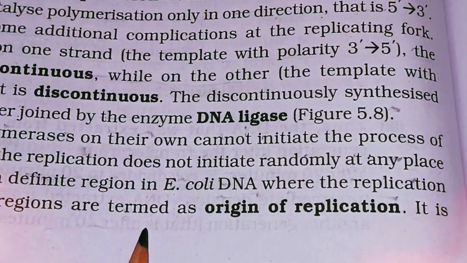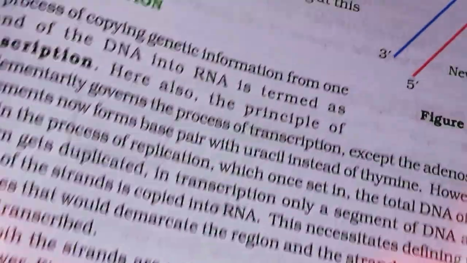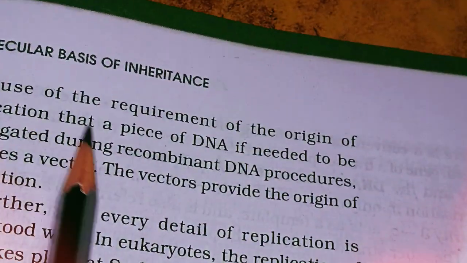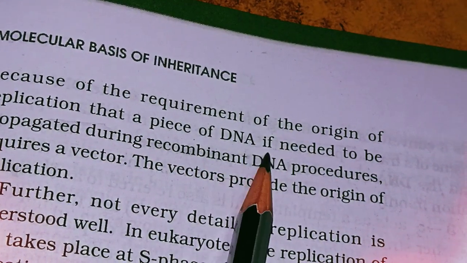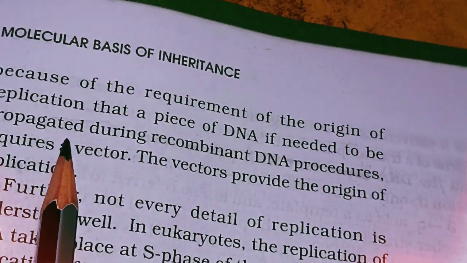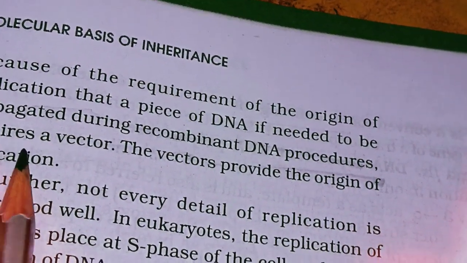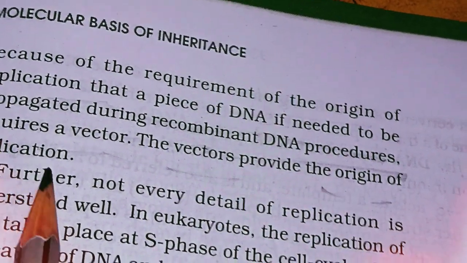Such regions are termed the origin of replication. Because of the requirement of the origin of replication, a piece of DNA that needs to be propagated during recombinant DNA procedures requires a vector. The vectors provide the origin of replication.